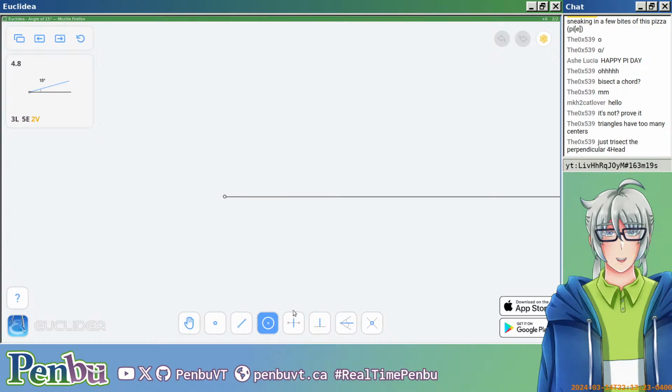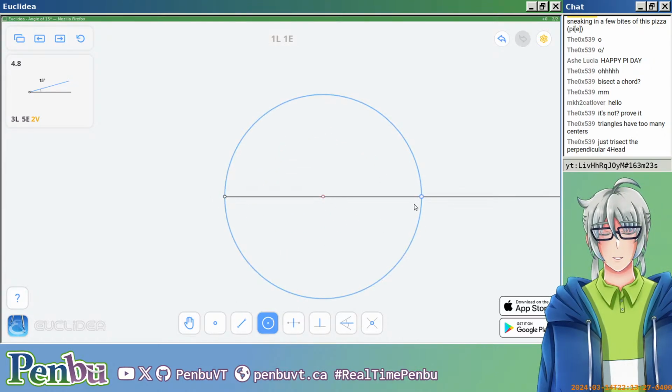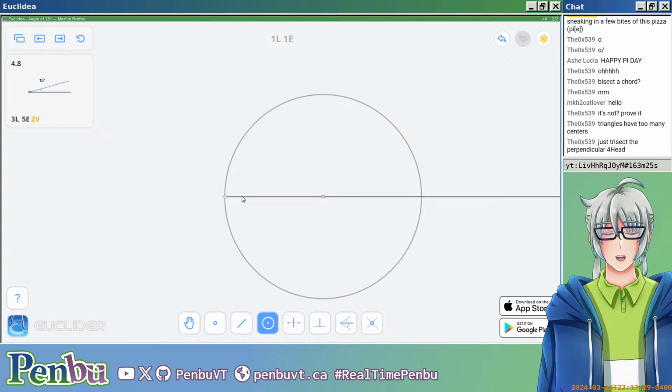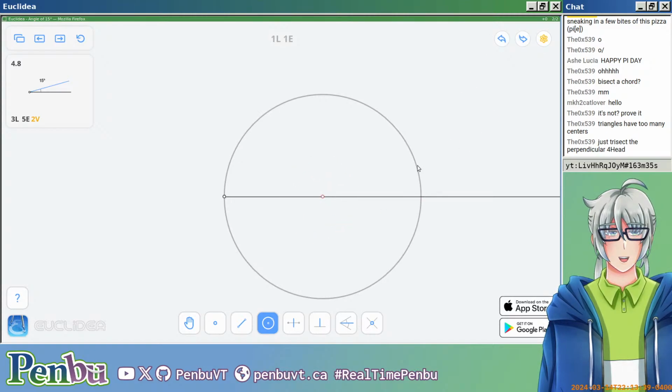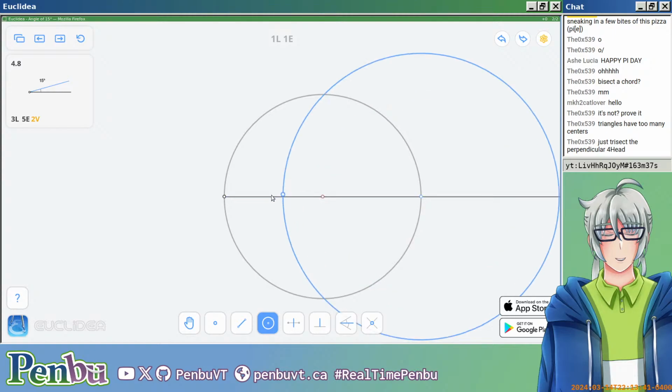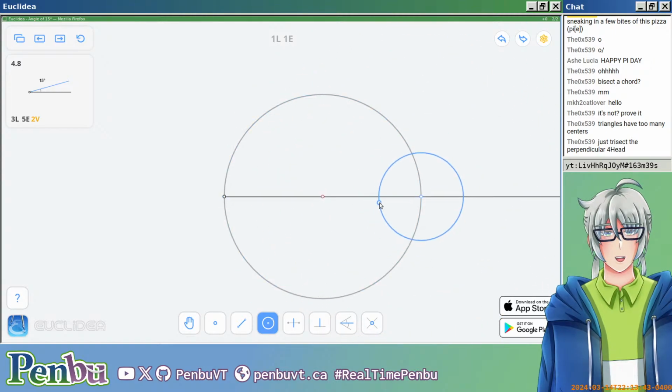Can we get down to 3? Which means that there is a very similar construction that we can do for that. If this is 60, and then 30 is on this side, does that mean 15?